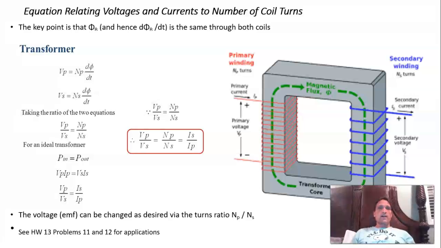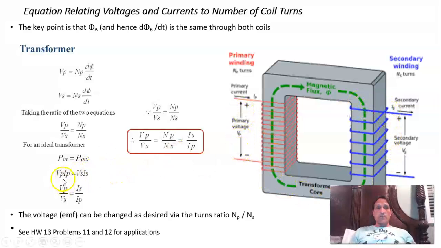Now remember that the power in, which is Ip times Vp, must be equal to the power out, which is Is times Vs. That's assuming we don't lose any power, which in reality we always lose a little bit, but for an ideal transformer, power in equals power out.